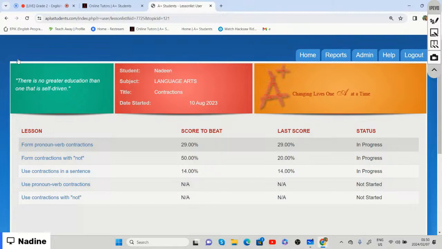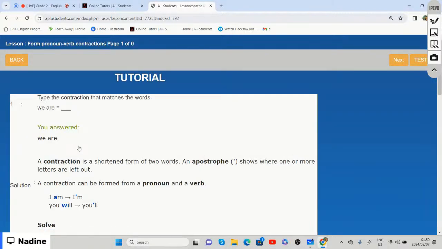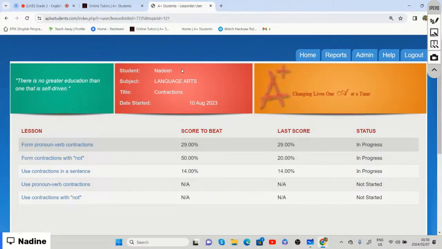So we're going to the first one, which is to form the pronoun verb contractions. No, actually, we did that already. So now we are actually at the end of our lesson on contractions, grade 2.